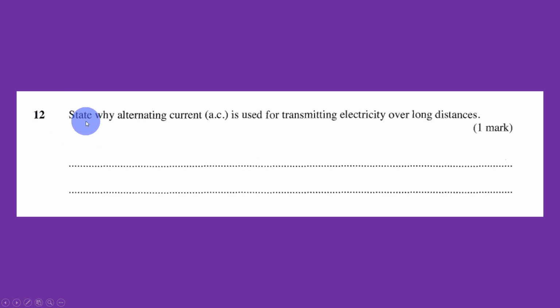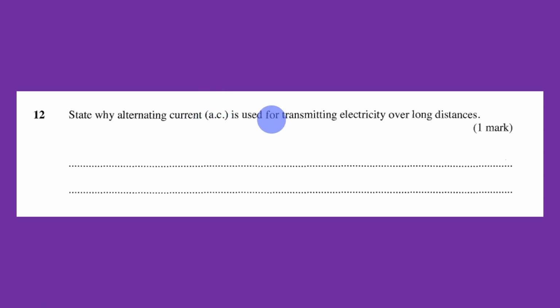Question 11. State why alternating current is used for transmitting electricity over long distances. This is because it is possible to transform electrical power so that we can have a small amount of current in the cables in order to reduce losses due to the resistance of the cables, because the current will be so small when the voltages are very high.